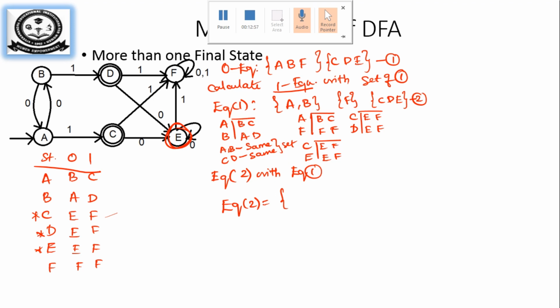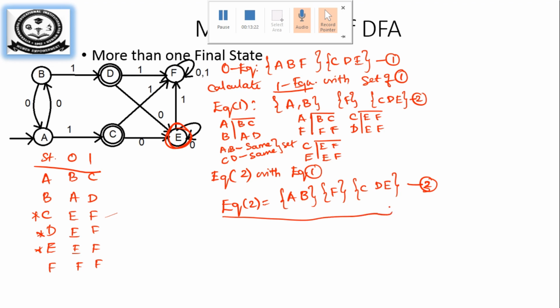Here A and B are in same set, C and D are in same set, so AB stays together. So F is individual, so no change. Next we'll check CDE. It is again same, there is no change, so you will have CDE in the same set. Now you can stop your process, that is your third set and second sets are same.